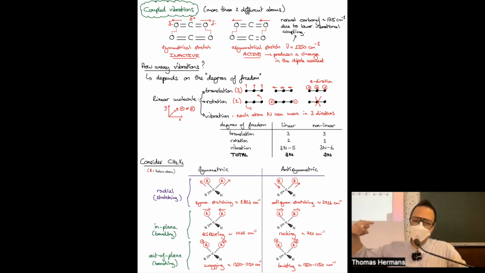But a linear molecule, when you rotate it around the x-axis, it actually doesn't change. So for a linear molecule, you cannot rotate it in the other direction. It doesn't change anything. Okay, so that's translation, rotation, and vibration. So for vibration, it's 3 times n, 3 times the number of atoms.